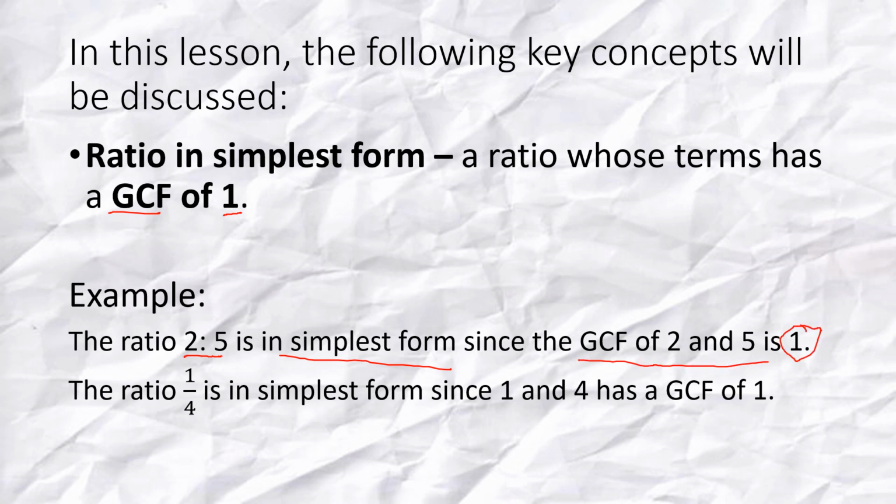We cannot think of any number that we can use to divide 2 and 5, since both are already prime numbers. Also, the ratio 1/4 is in the simplest form, since 1 and 4 have only a GCF of 1.